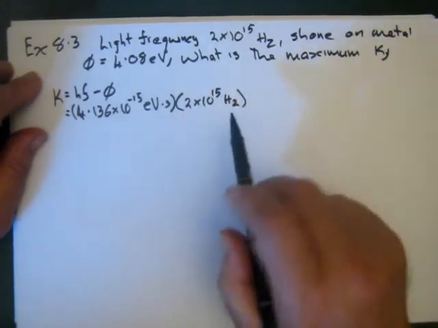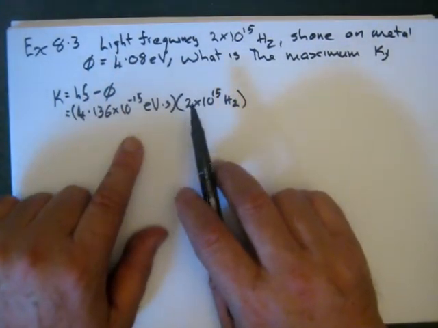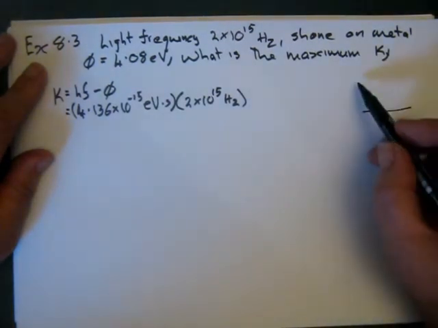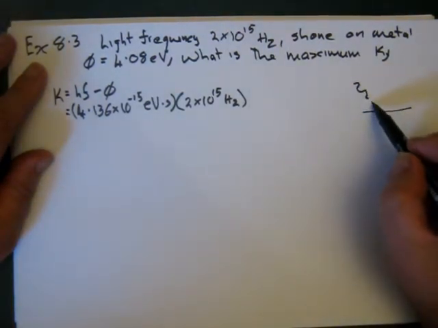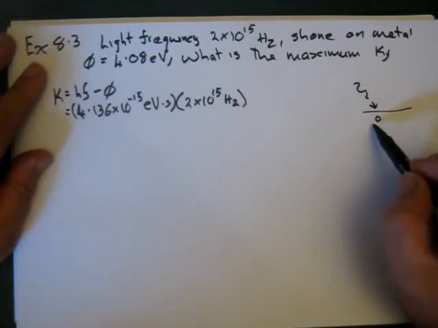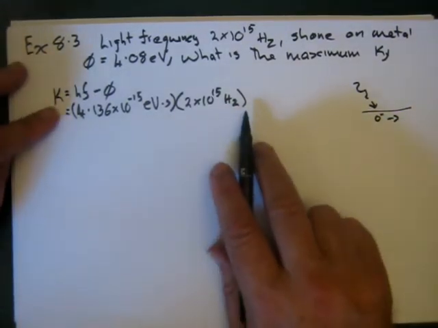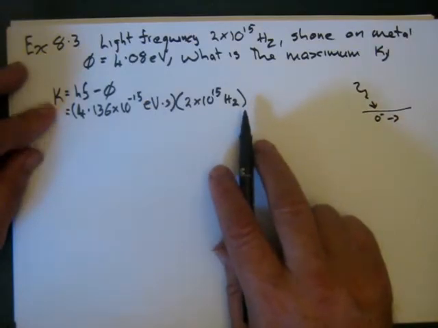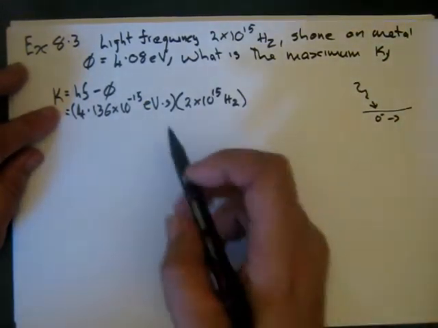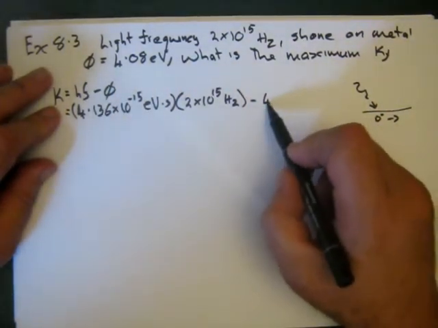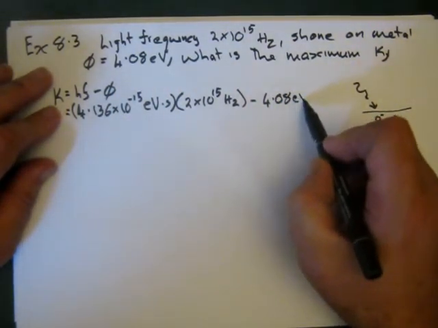So that's the actual amount of energy in the photon. If we were to draw a picture, here's our piece of metal, we have a photon coming in here, hits this, knocks off an electron, and that goes sailing off. So that's the amount of energy minus the energy of the work function, 4.08 electron volts.